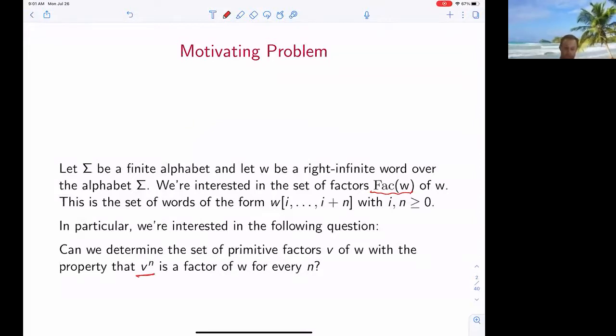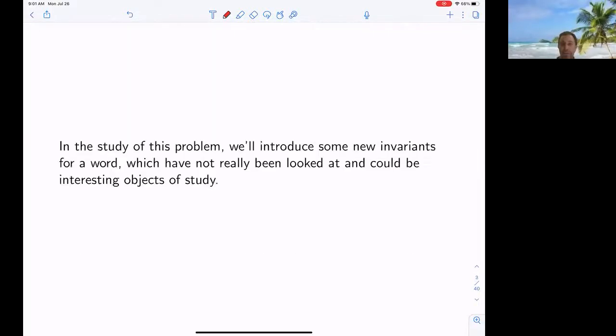And we gave maybe not the most straightforward solution, but we want to look at this. And I'll introduce some concepts because I think they're kind of interesting. We're going to introduce some invariants, and I say new, but I think probably some of them are well studied or have been looked at in the past.